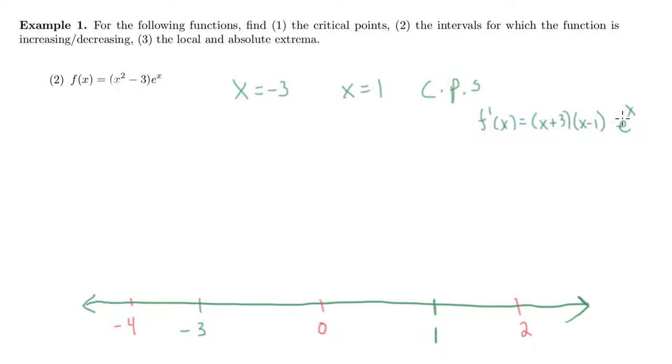So here we go. Let's test f prime of negative 4. If I plug in negative 4, well, negative 4 plus 3 is negative, so we get a negative. Negative 4 minus 1 is also negative, so negative times a negative is positive, and then e to the x is always positive.